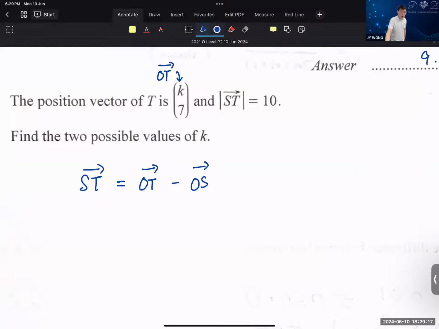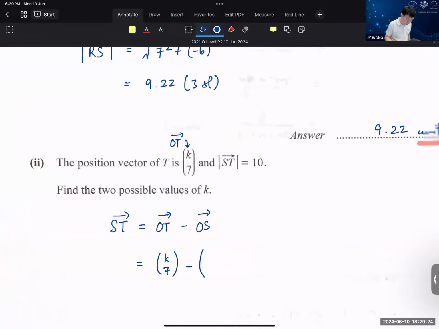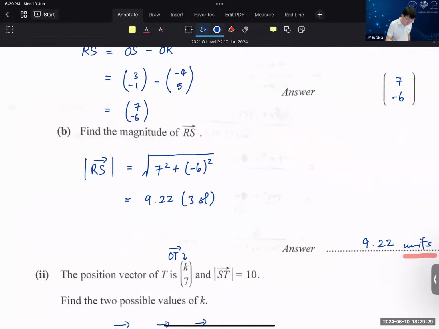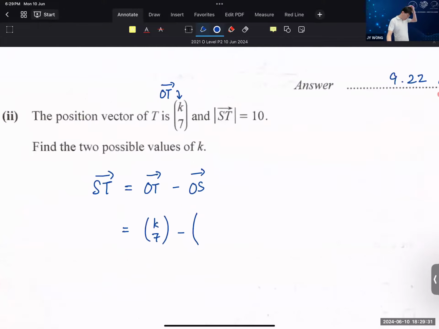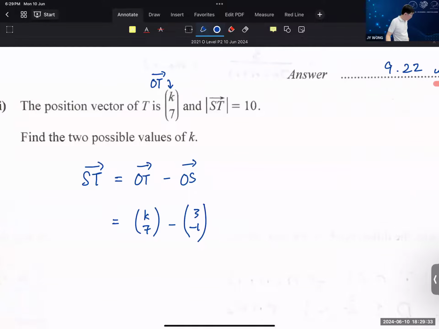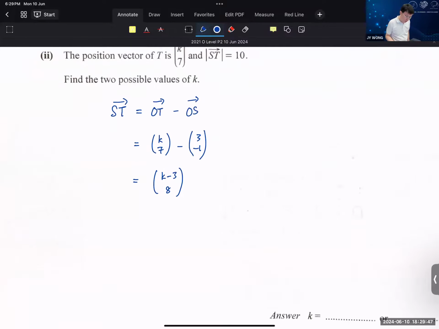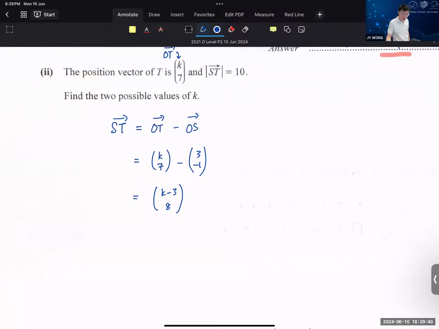So ST is equal to OT minus OS, which will give you (k, 7) minus, what was OS? (3, -1). And then you simplify this, you will get (k - 3, 8). So they tell you the magnitude of ST is equal to 10.